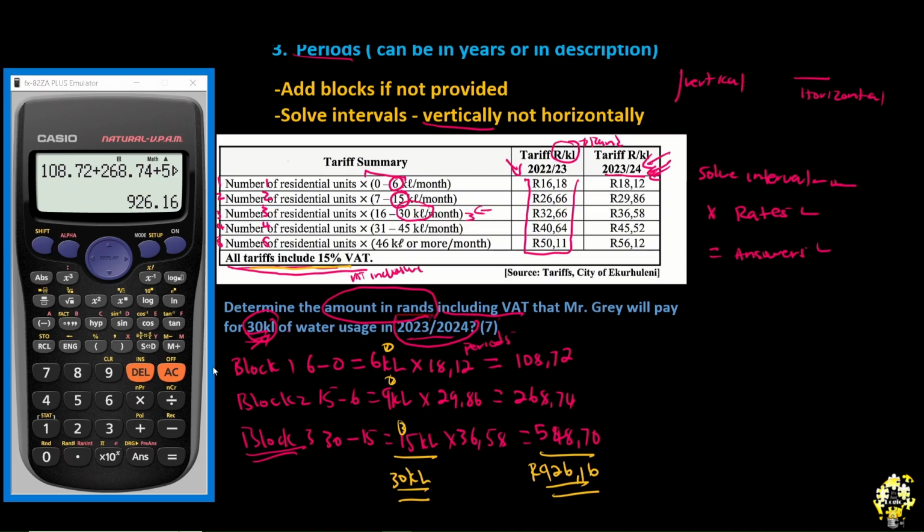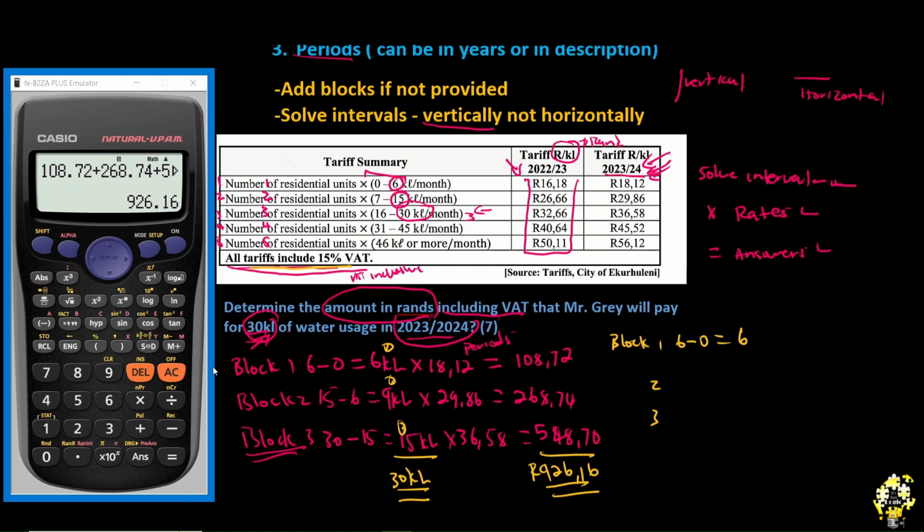Let's prove what I was saying when I say you always do it vertically and not horizontally. So now we are going to have, and this will be quick, block 1, block 2, because we are simply trying to prove what you are not supposed to do. You are apparently supposed to be shown why you must not do what you are told not to do. So the first one, I said you obviously have to do it horizontally, so because it's 6 minus 0.